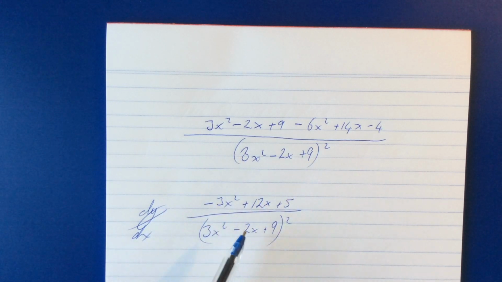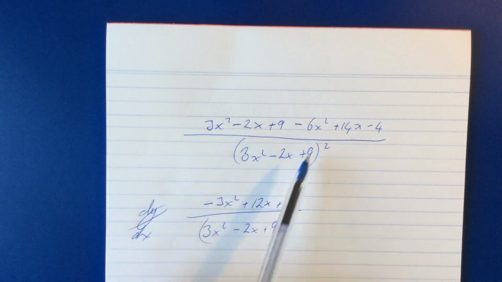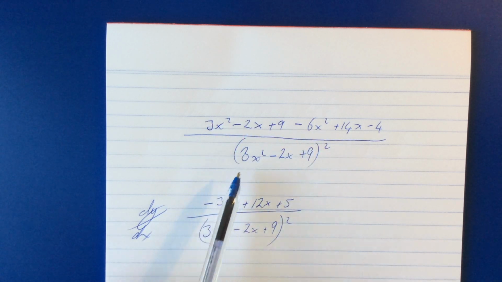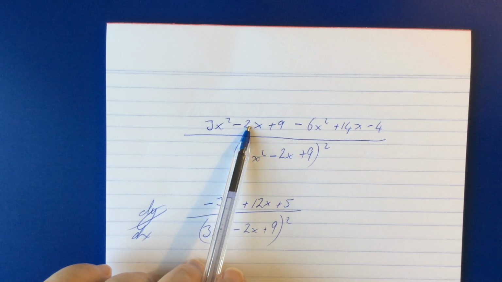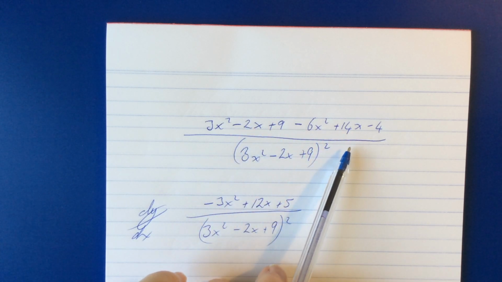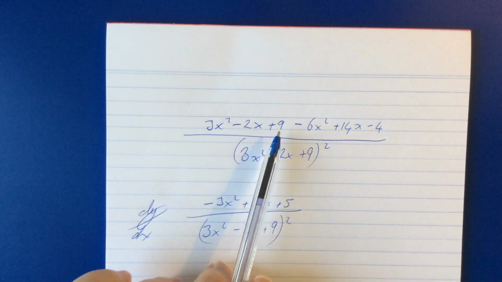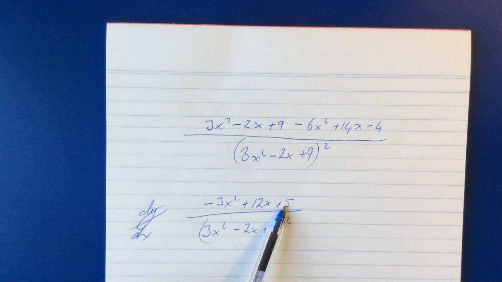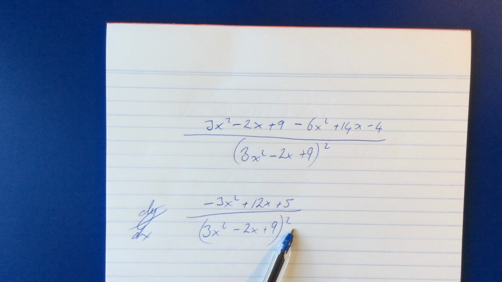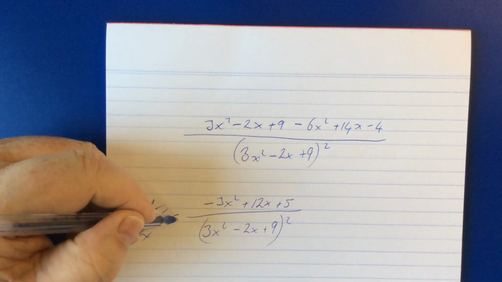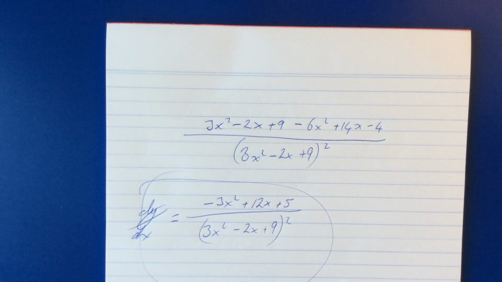Now, a little bit of sorting out. 3x squared minus 6x squared gives me negative 3x squared. Negative 2x plus 14x gives me positive 12x. 9 minus 4 gives me 5. That's our numerator. And here is the denominator. And this is the derivative of x minus 2 over 3x squared minus 2x plus 9, found by using the quotient rule.